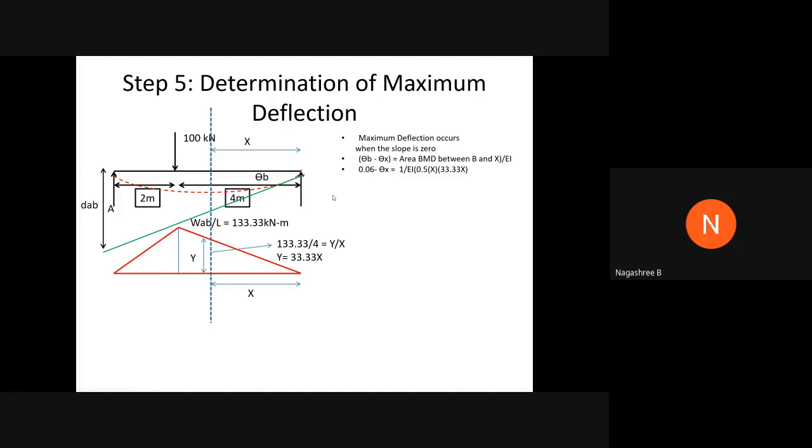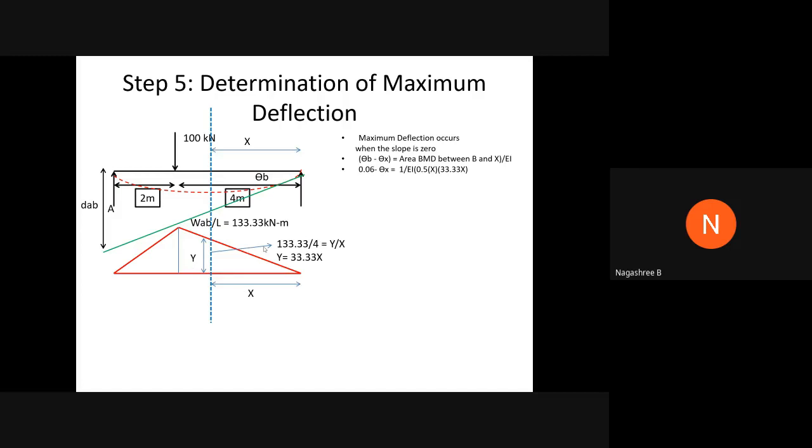So minus theta x is equal to the area of the bending moment diagram between B and X. This smaller triangle of span x meters should be taken for the area calculation.